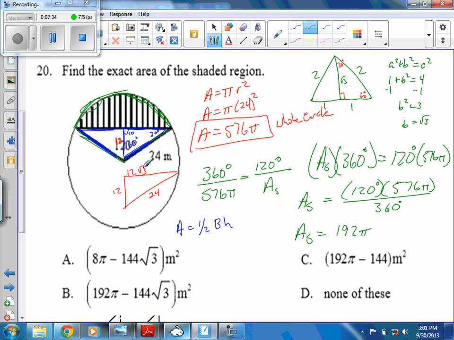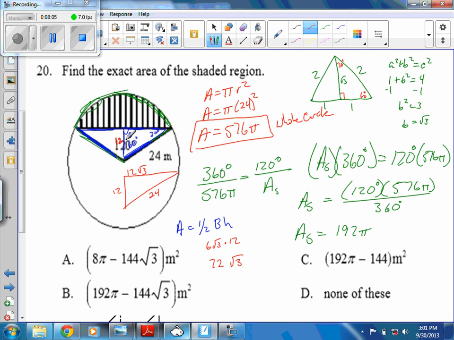All right, so all we got to do is find the area of this triangle. So 1/2 base times height. Let's see, what do we have? 1/2 the base, which would be half of 12 square root 3 is 6 square root 3, times 12 equals 36 square root, that's wrong, let's try 72 square roots of 3.